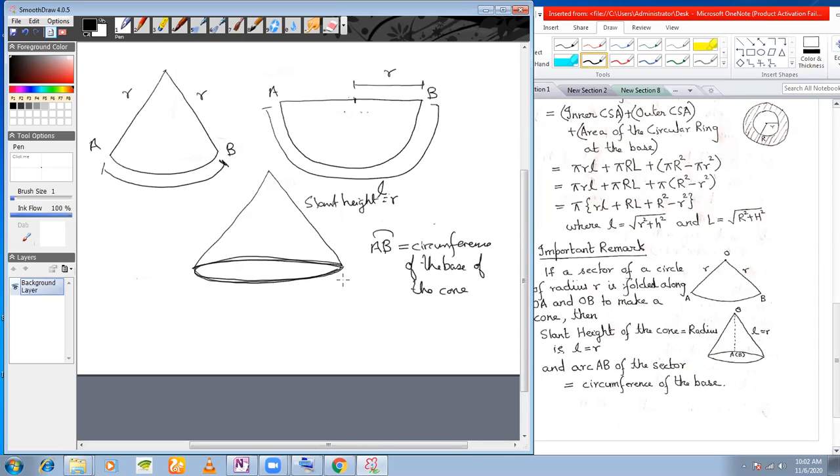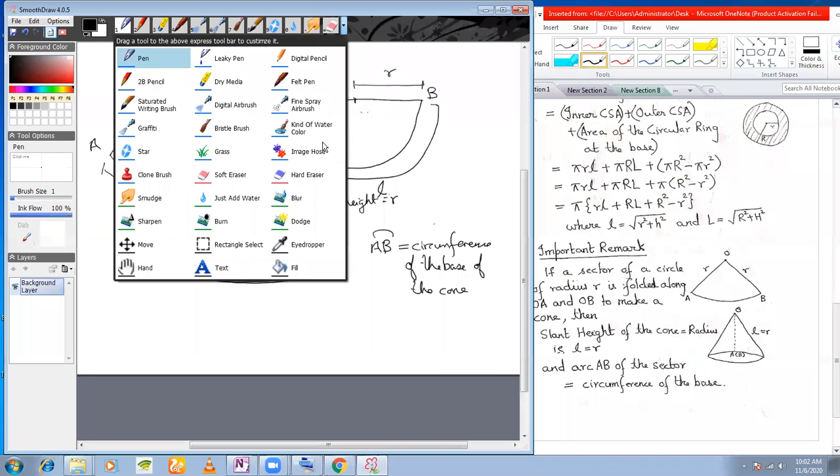Now, a right angle triangle can be rotated. I think I showed you this. No, I didn't show you. The basic definition of a cone is that if a right angle triangle is rotated about one of its sides, other than the hypotenuse, remember. I'm not sure whether I have the video of this. Just let me check.